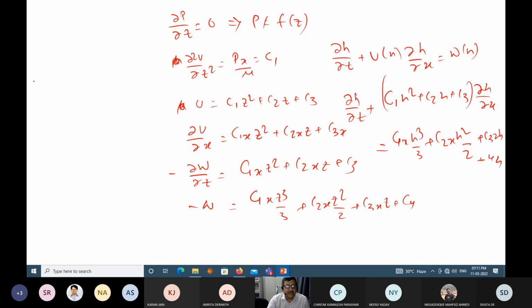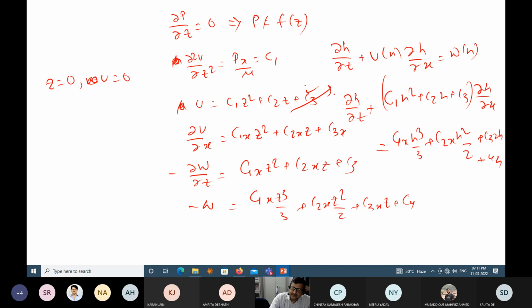Now at z equal to 0, u equal to 0, right? So what happens to c3? This is one boundary condition, right? At z equal to 0, u equal to 0. What happens to c3? Zero, very good.